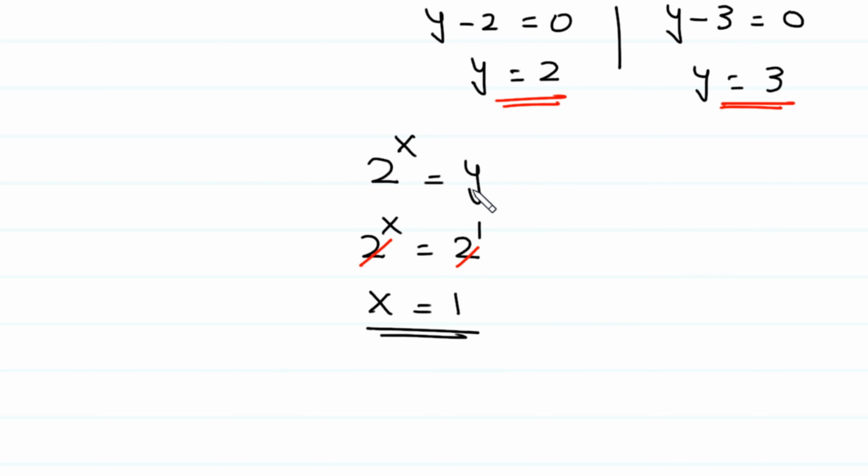Now in this equation 2 to the power x is equal to y, we put this value of y 3. 2 to the power x is equal to 3, and we take log on both sides.